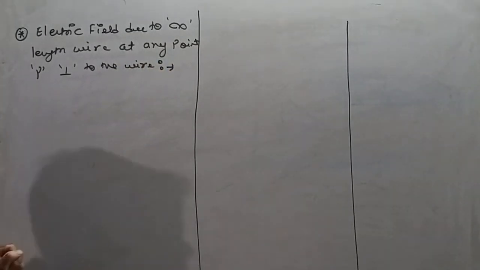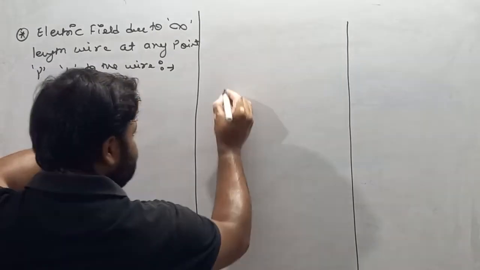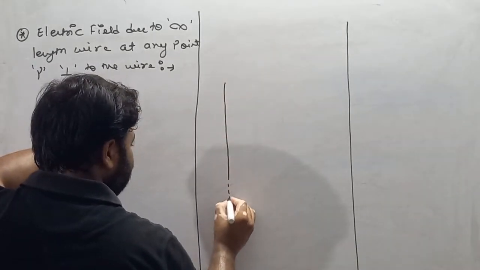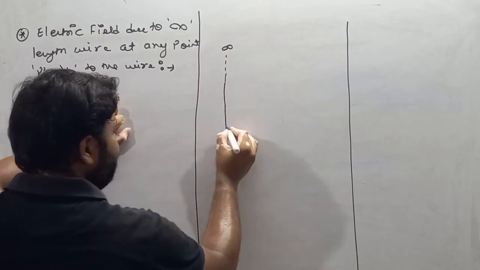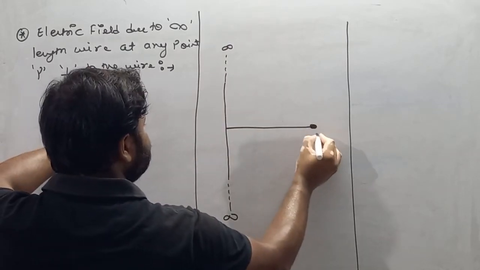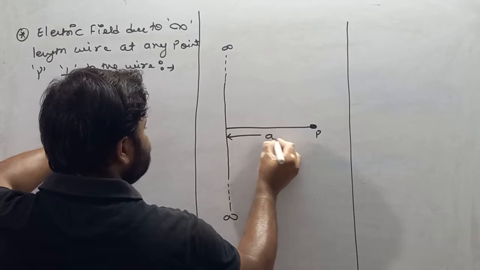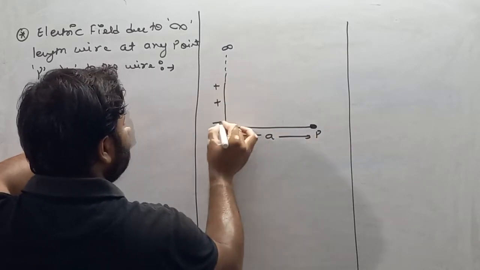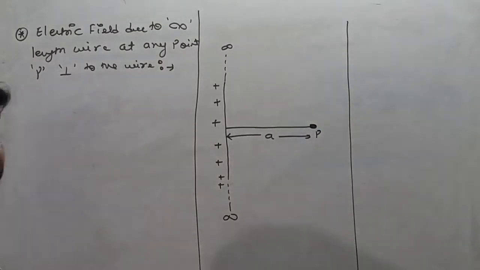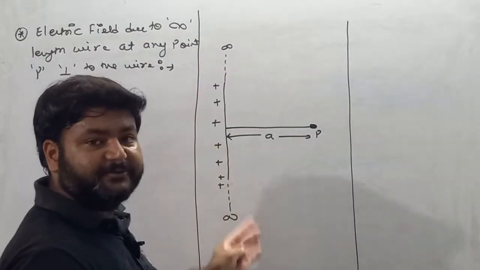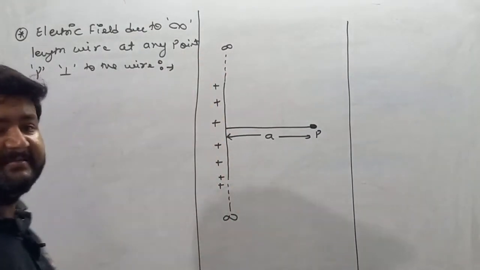So now we have infinite length wire. So dear student, let's suppose we have infinite length wire and there is a point here called P, a distance a apart from the wire. Let the charge on wire is positive and we wish to find electric field due to this infinite length wire.